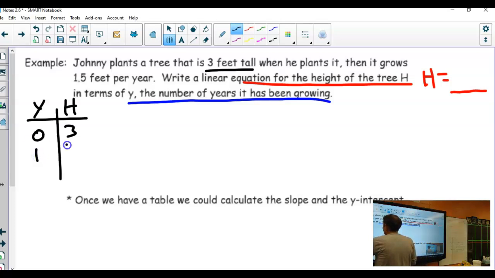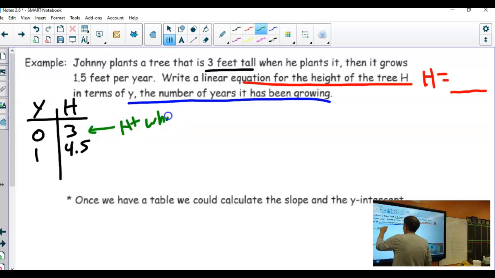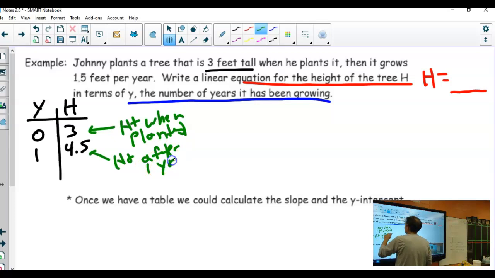So after 1 year, it would be 4.5 feet, right? So this is the height when planted. And here we have the height after 1 year. And I guess I could do one more point. After 2 years, how tall would the tree be? Well, another 1.5 feet. So that would be 6 feet tall, right?